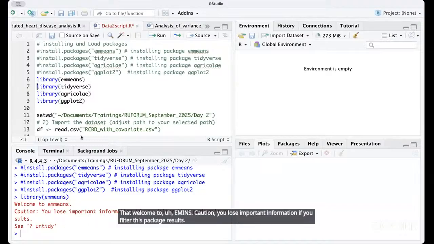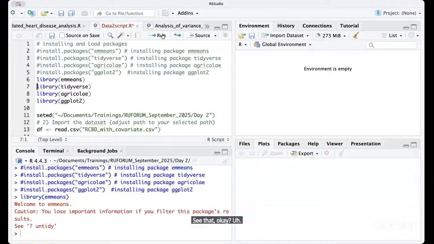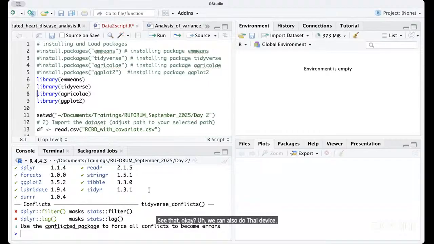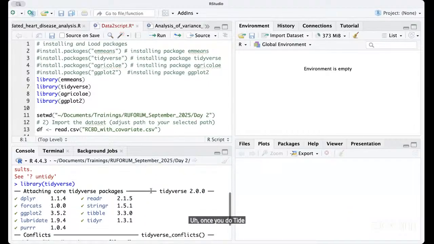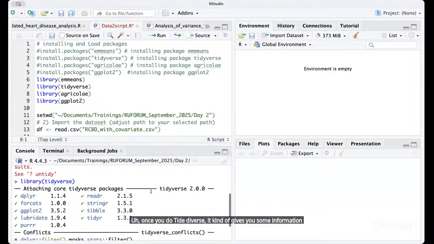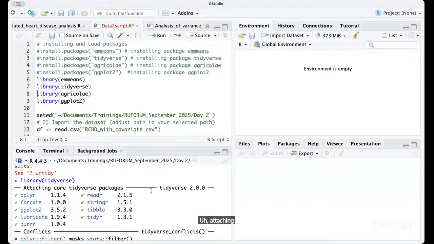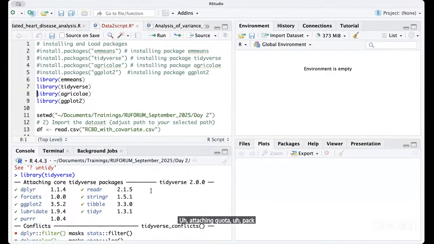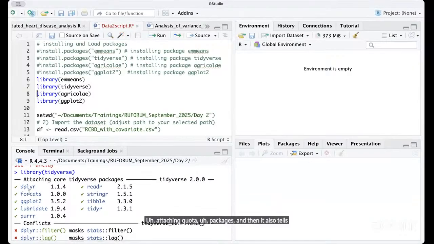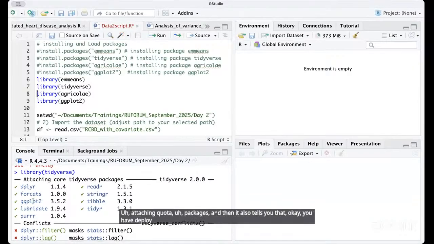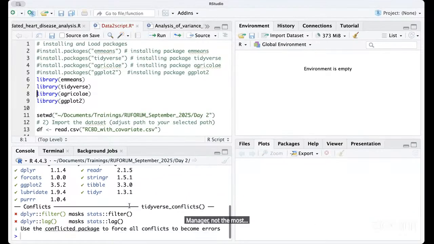See that, okay? We can also do tidyverse. Once you do tidyverse, it gives you some information that it is attaching core tidyverse packages, and it also tells you that, okay, you have dplyr, you have forecats, you have ggplot2, you have all this. So some of these also come together.